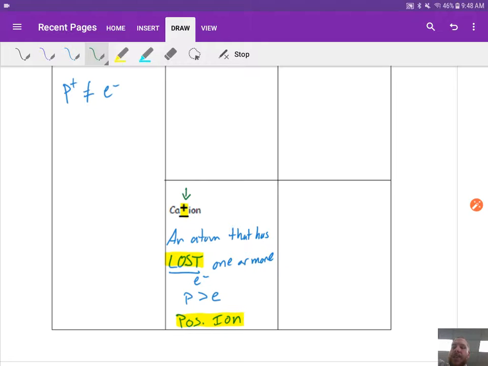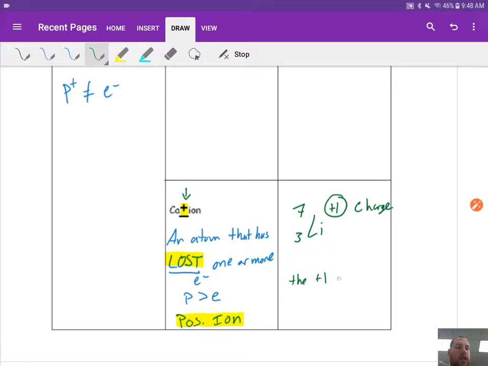So if I were to look at the symbol or the diagram, something like lithium, it's got mass number of 7, atomic number is 3. But if I put a +1 up here, now that indicates that you have a charge. So if you see a symbol that has a plus or a minus sign in the upper right corner, that's its charge. Now you know that it's an ion. So we're going to jot that down.